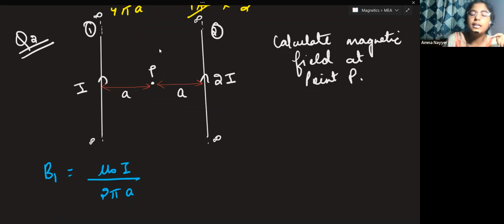Sneha, tell me the direction at this point P due to conductor 1. K cap, J cap, I cap, minus I cap. What is the direction? Unit vector. Or at least out of the page, into the page, any direction, just tell me. Sneha.